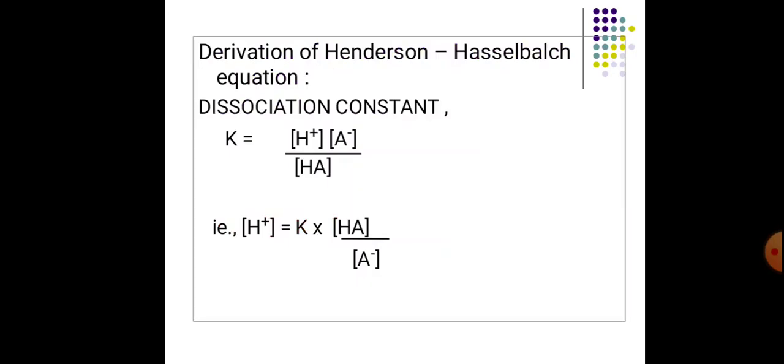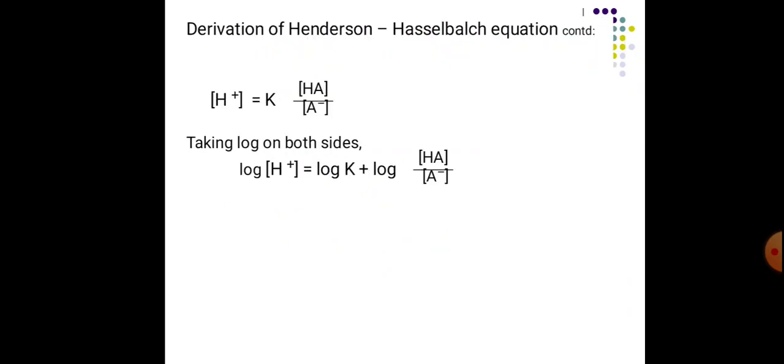So here is the derivation of Henderson-Hasselbalch equation, which I discussed before. We know that the dissociation constant is equal to concentration of H plus into concentration of A minus divided by concentration of HA. So what is H plus? H plus is equal to K into concentration of HA by A minus. Then take log on both sides.